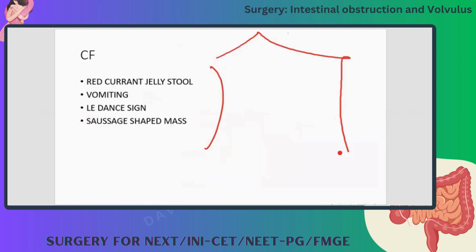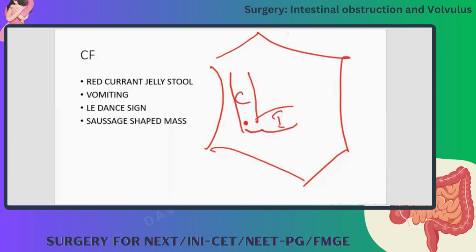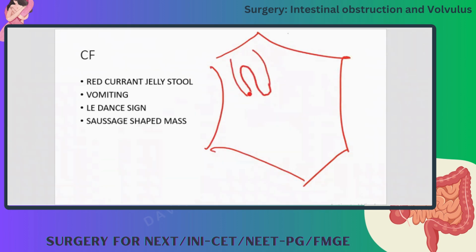Once again, which is the most common type of intussusception? Ileocolic in children and colocolic in the old. So this is the colon, this is the ileum. What happens is the ileum will go into the colon.